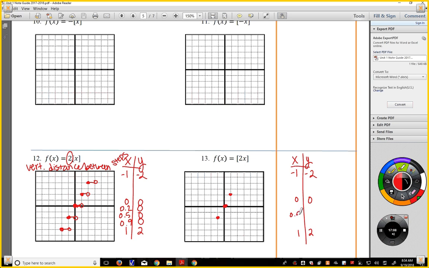So let's start again with half, kind of halfway between 0 and 1 to see what's happening in there. When I do 2 times half, what do I get? 1. So this is distinctly different than what happened over here. Over here, everything between 0 and the 1 was the same because all these numbers got rounded back to 0, so it was like I was using 0 over and over and over again.